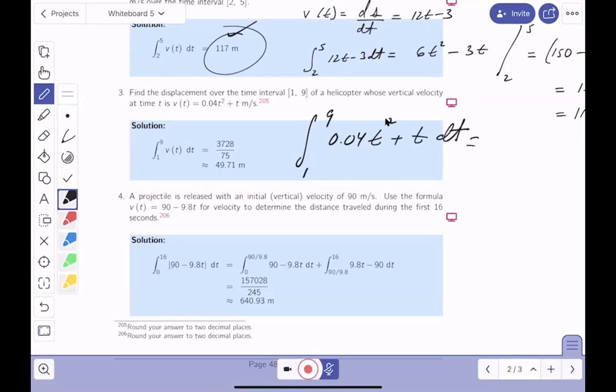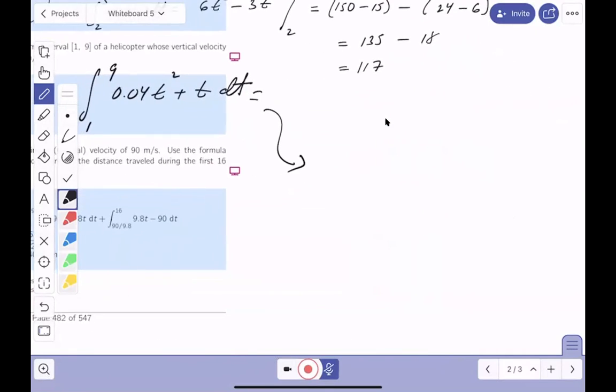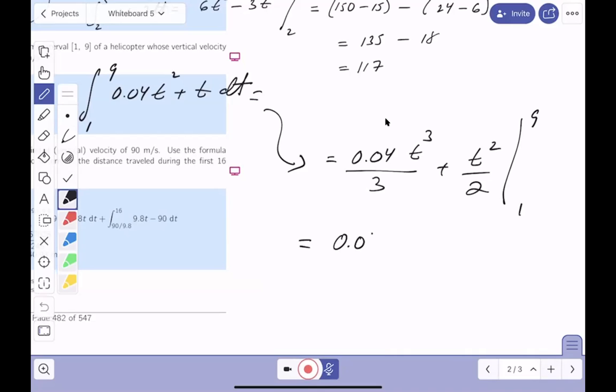All right. I'm going to do this over here. I want to see if I can do it. And what do you get over there? Well, I'd get 0.04 t cubed over 3 plus t squared over 2, and that would be from 1 to 9. Let's write this down. That would be 0.04 times 9 cubed, that's nasty, over 3 plus 9 squared, which is 81 over 2.